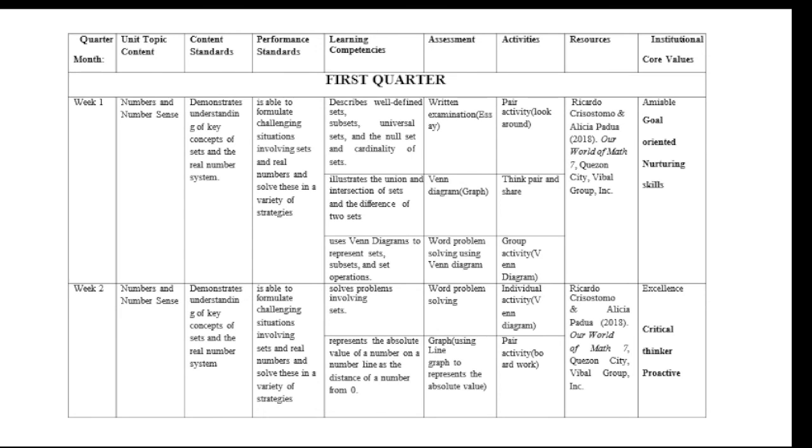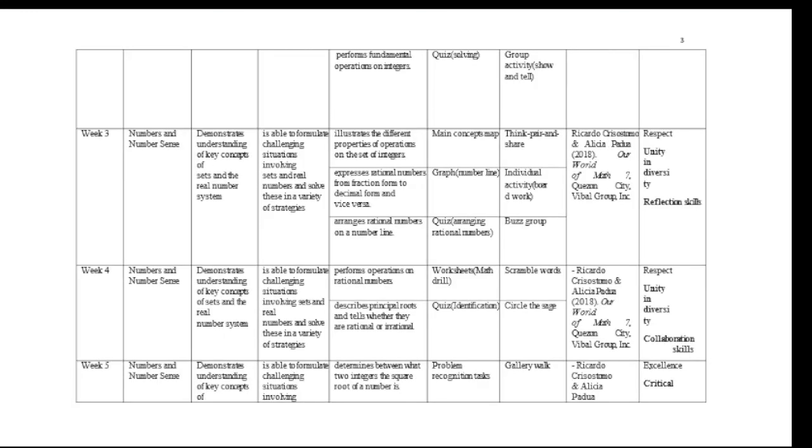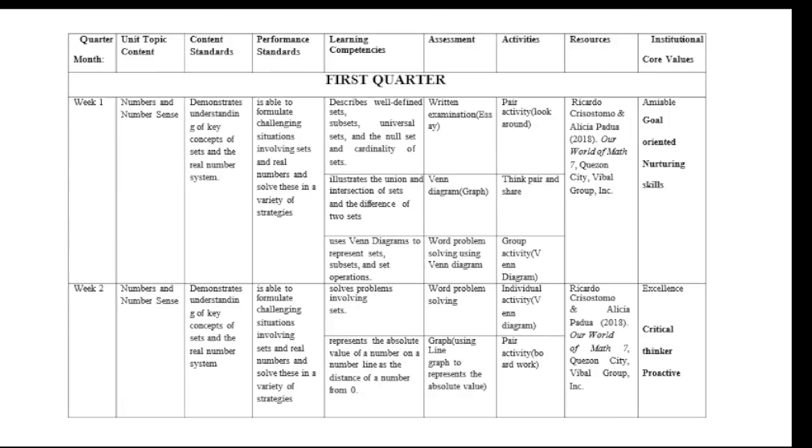Okay, the first quarter, this is my topic, this is what I'm going to give, assessment, activities, and so on. So week 3, week 4, week 5, and in the quarter month you can put week 1, week 2, so that at the end of each week you can say, I have attained this, or I can really tell that the students have understood the topic.